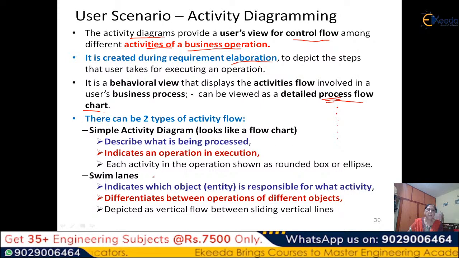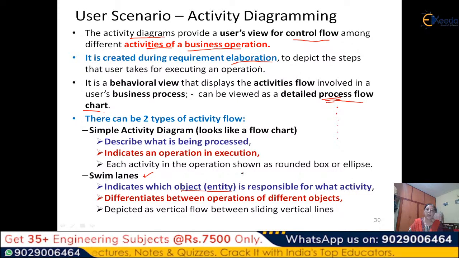And you can have a swim lane activity flow where you will have different objects. For the same operation, the responsibility will be distributed between different objects. But the operation is a single one. The steps of the operation are distributed over different objects.